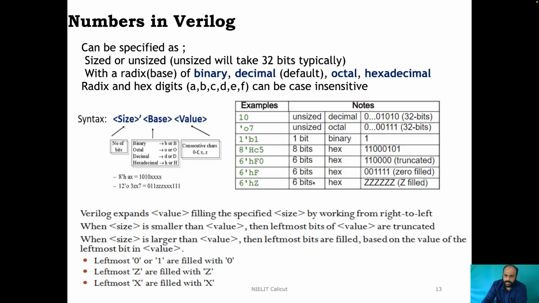In the next example, you can see only F needs to be represented. So it's all 1 1 1 1, and you actually allocated 6 bits instead of 4 bits, so the remaining will be 0 filled, starting from right to left.